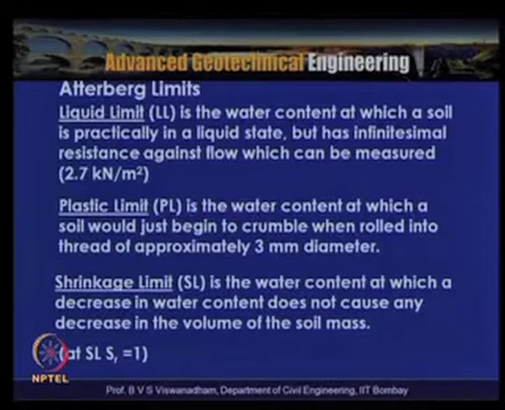The plastic limit is the water content at which the soil would just begin to crumble when rolled into threads of approximately 3 mm diameter. So this is the limit at which the soil will start crumbling when rolled into threads of approximately 3 mm diameter.